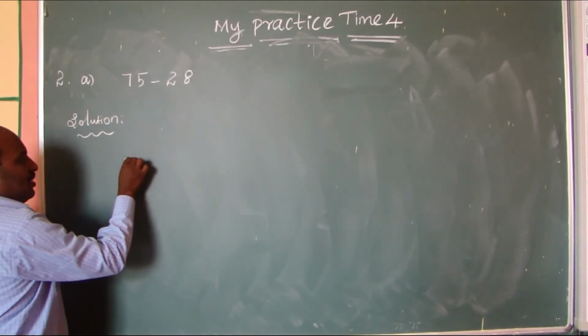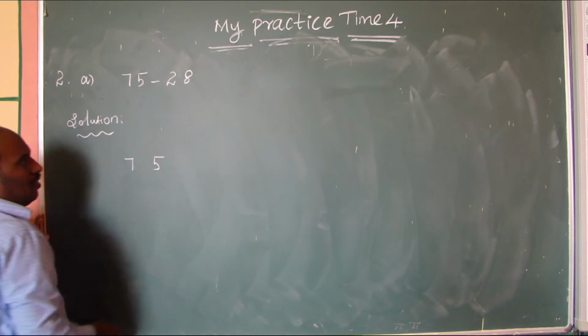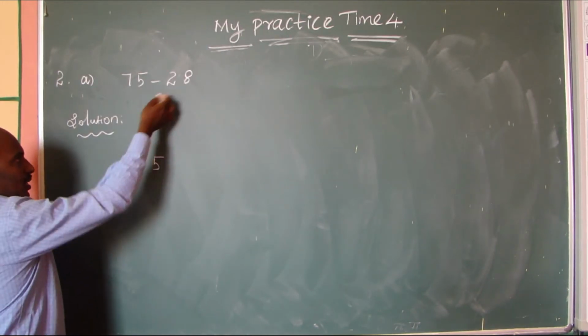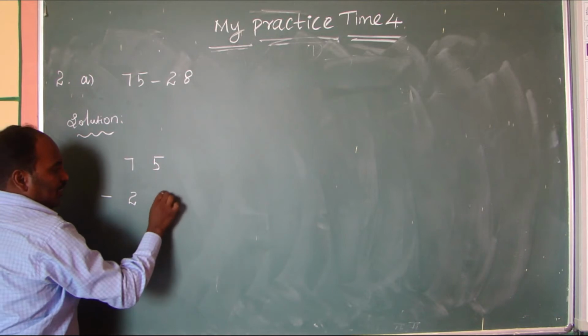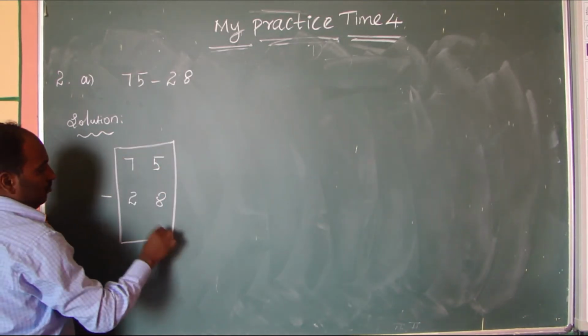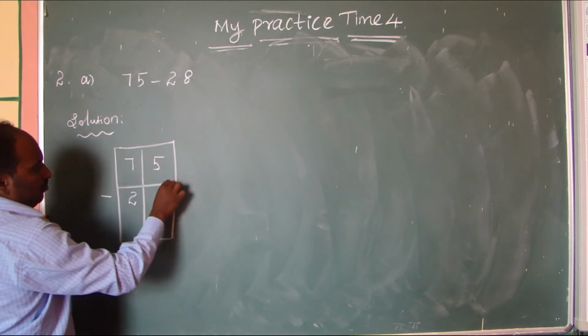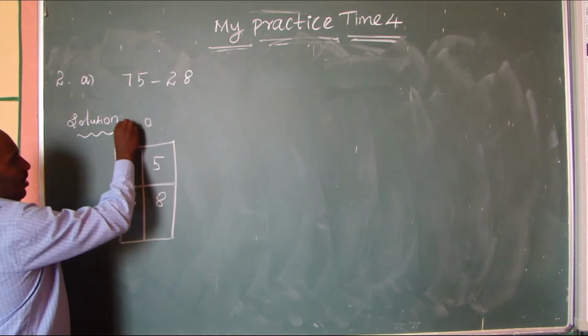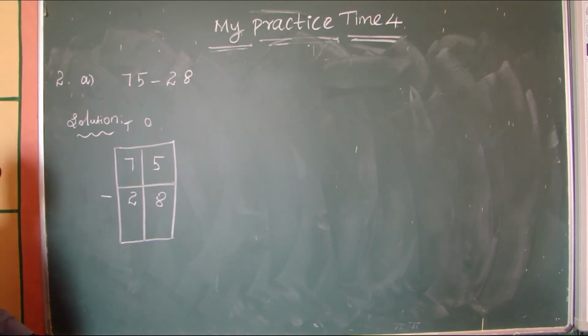The first term is 75 and the second term is minus 28. Ones and tens.